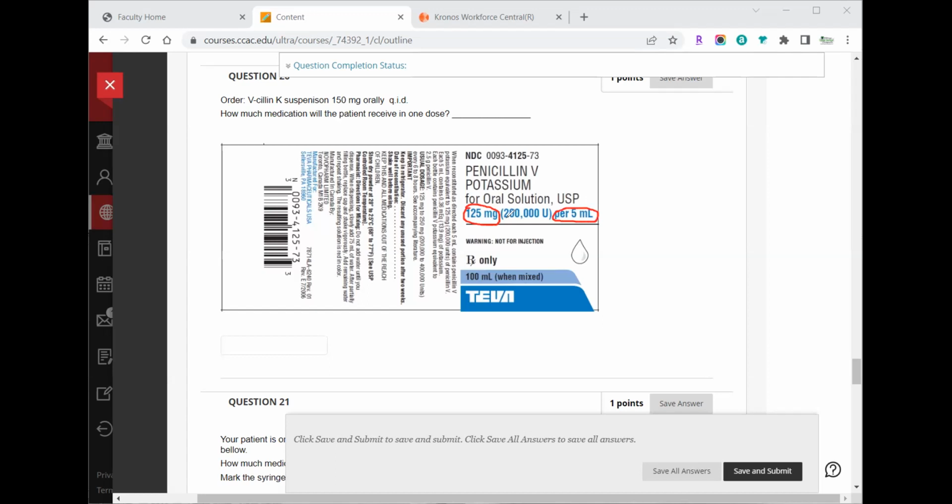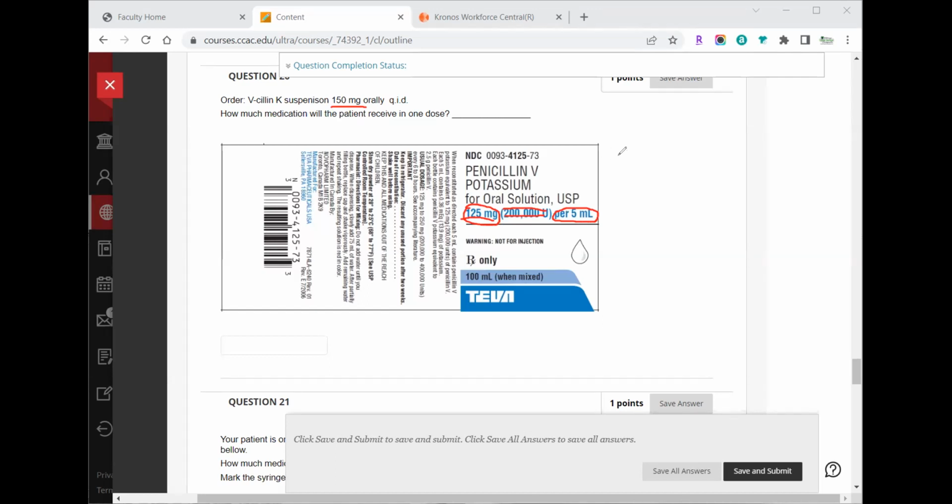So here's the way you work around that. Since the order is in milligrams, you're going to use the milligrams information. If the order was in units, you would use the units information. So this is just another representation of the same thing that the 125 milligrams is stating.